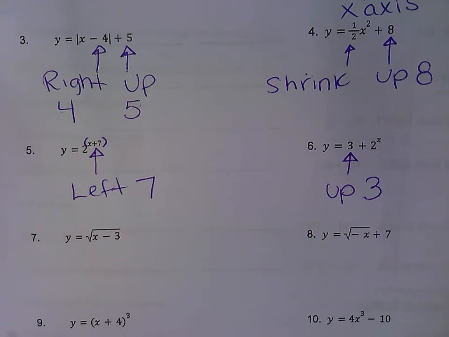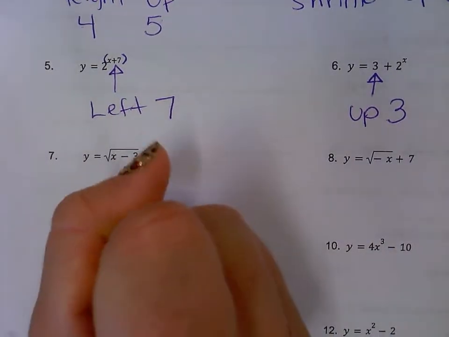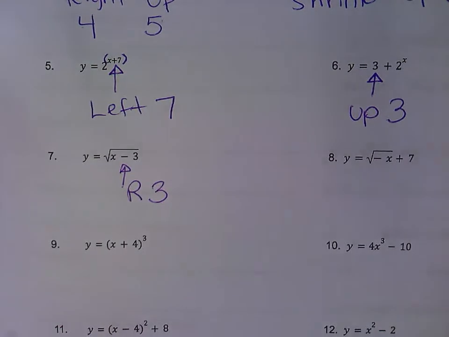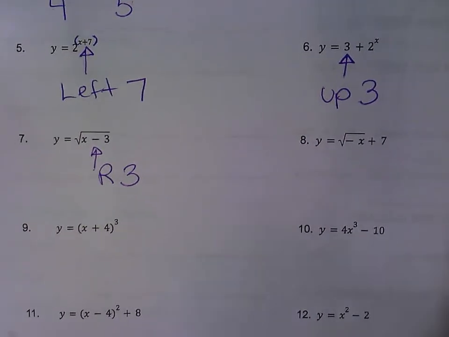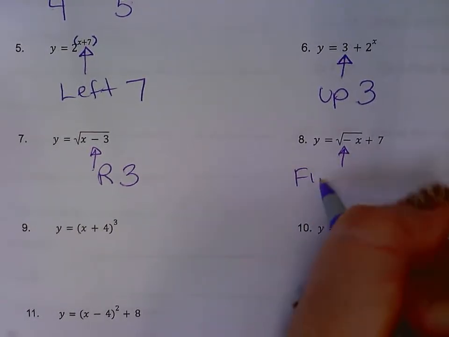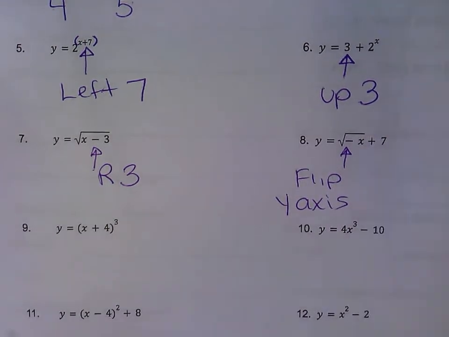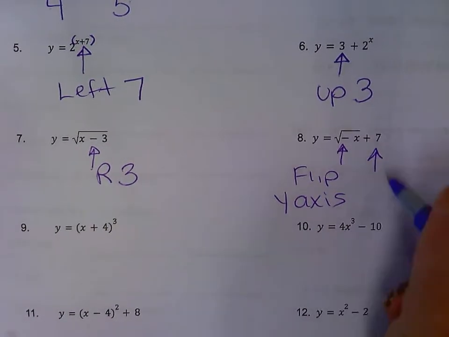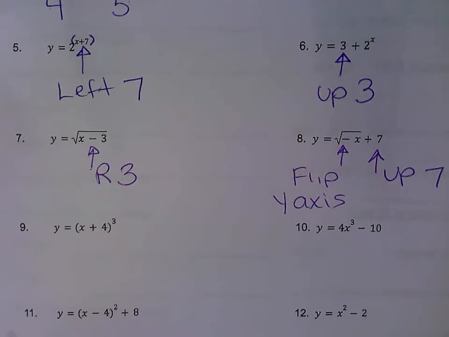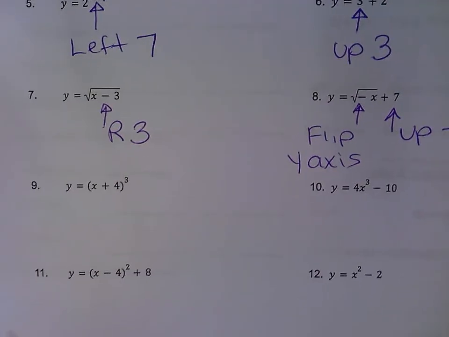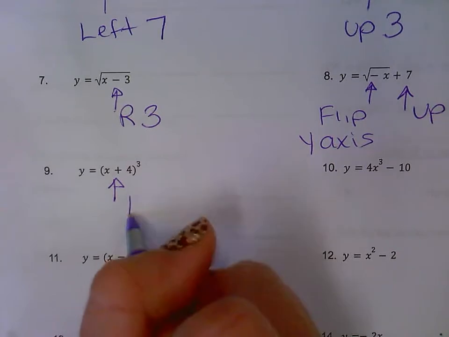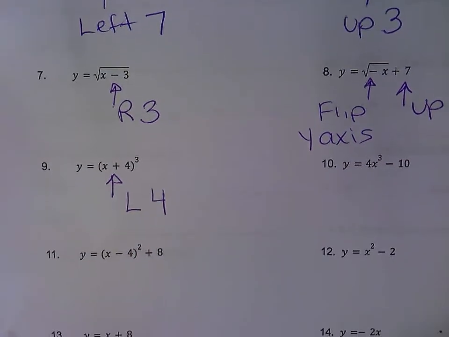Try 7 through 14, and I'm going to put up some answers on the board. I didn't quite finish, maybe just follow along for the answers, but this would go right 3. This would flip over the y-axis because it's inside, so the x's become opposite, and this goes up 7. This is inside the function, so that's left 4 because that's plus inside the function.